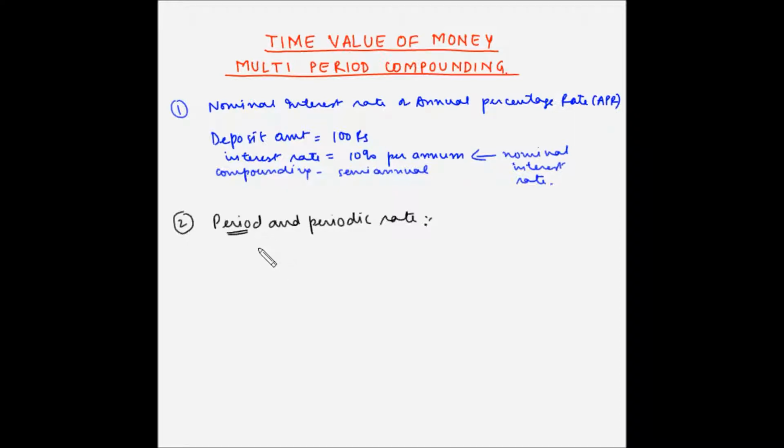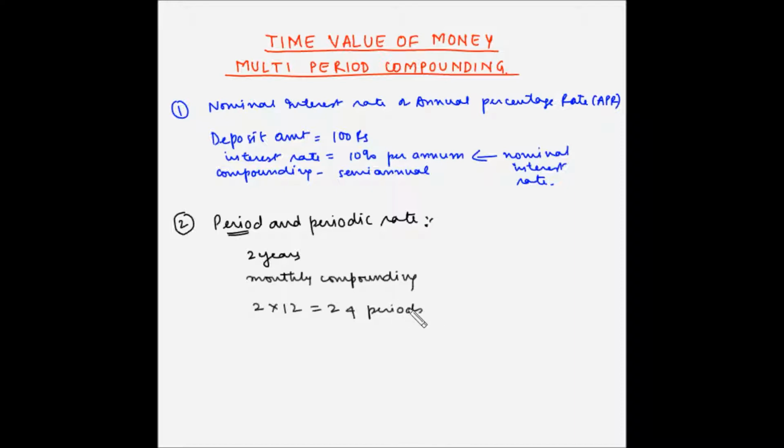So let's say the total time frame given to us is 2 years and the compounding is happening on a monthly basis. So in this case, there will be 2 multiplied by 12 equal to 24 periods in consideration.